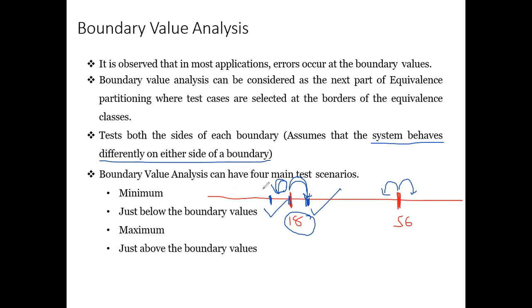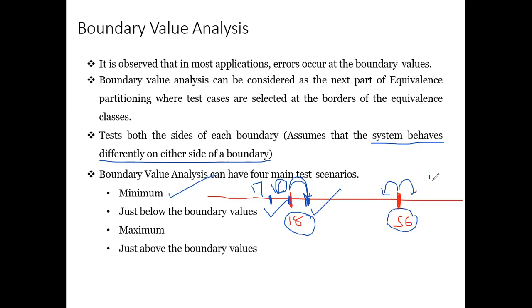So here basically in the boundary value analysis, we have to look at four main scenarios. The minimum, right, which means in this case, minimum is 18. Then just below the boundary values, which means just below the minimum, that is, let's say 17. Then the maximum, it is 56.